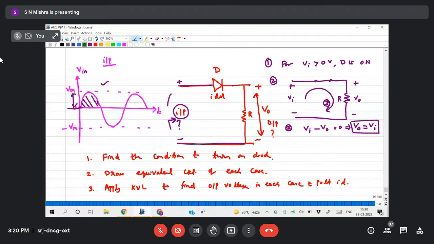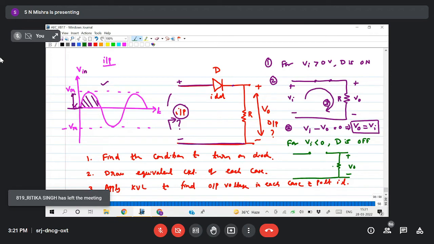Now for the off condition, for Vi less than 0, D is off. D is off means what is the equivalent circuit? It is off. So this is your V naught, R, plus minus Vi.